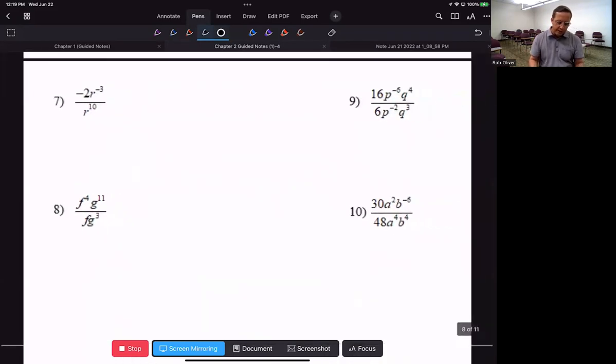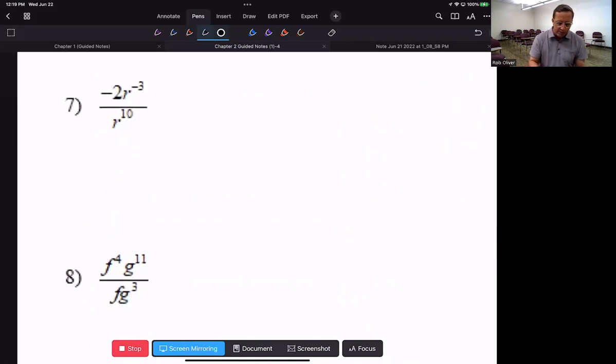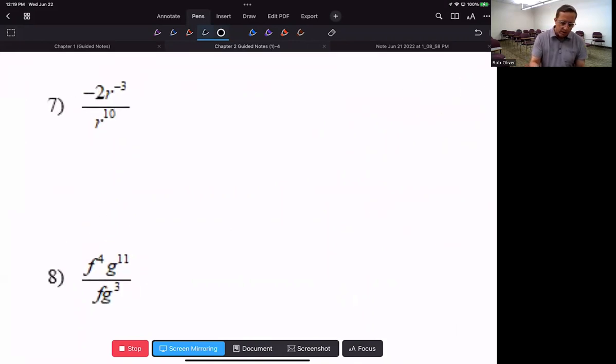All right, on this page right here, there's a little bit more simplification that we need to do, but the same thing is going on. For number 7, let's take care of this negative exponent and move that down to the denominator. I'm going to leave the -2 coefficient there.